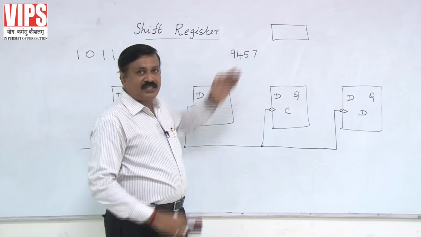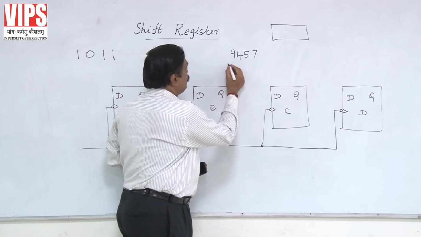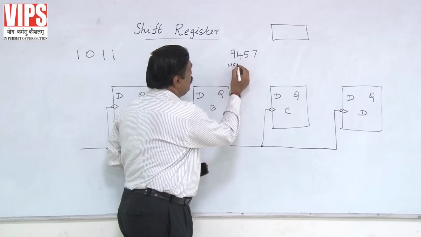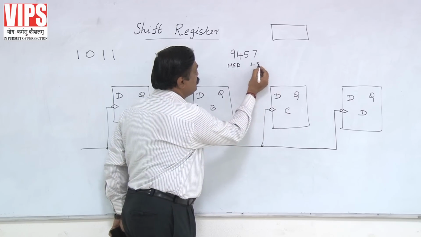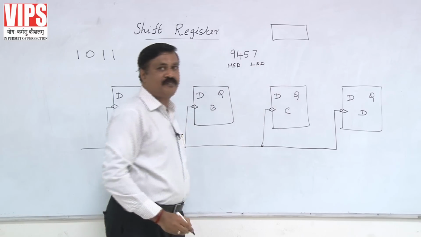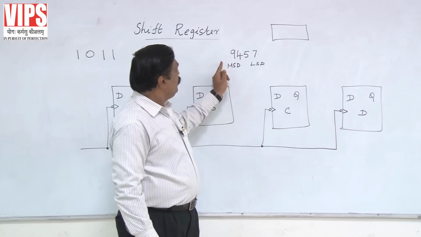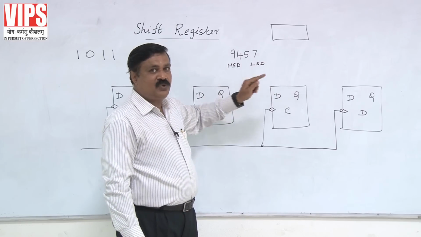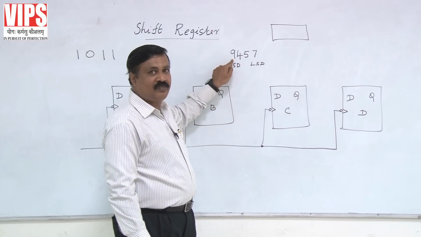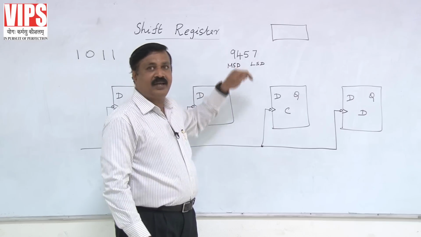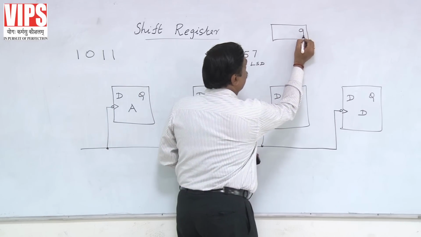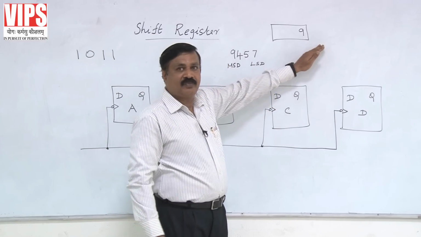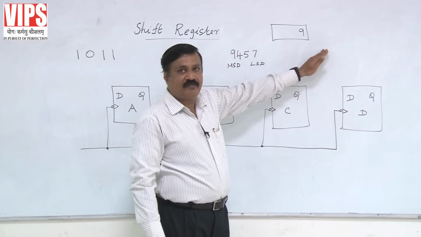In this decimal number, 9 is the most significant digit and 7 is the least significant digit. If you want to enter this number, first you enter the number 9. If you enter the number 9 in a calculator, the number will appear at the extreme right.